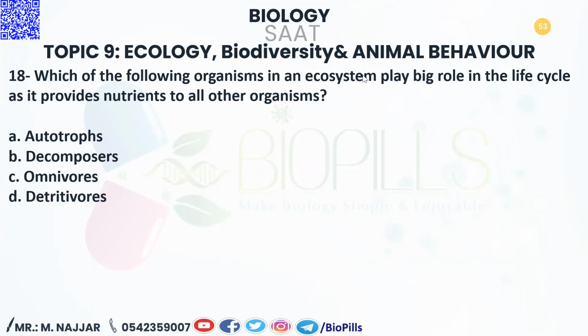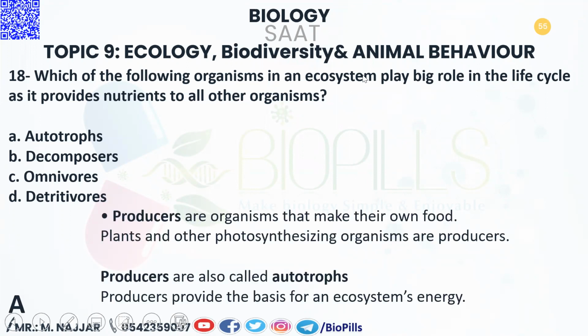Of course, the living organisms that play a very important role and provide the basis for an ecosystem's energy are the autotrophs, which are considered producers. They can make their own food by themselves, making use of the sunlight. Plants, for example, are autotrophs and they are producers.